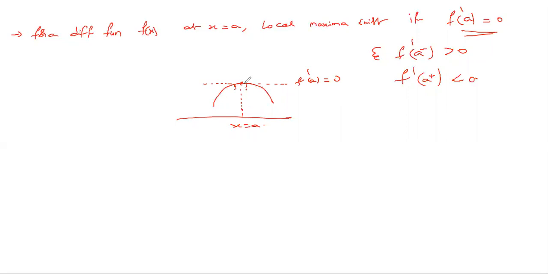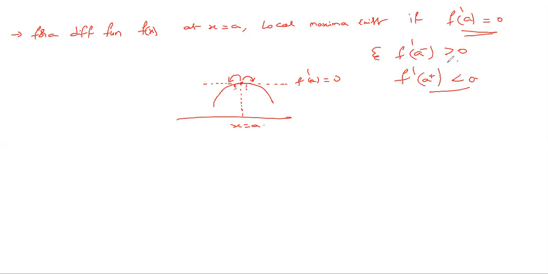So f dash of a plus, you can observe it is decreasing, that's why f dash of a plus should be less than 0. F dash of a minus, you can observe it is increasing.